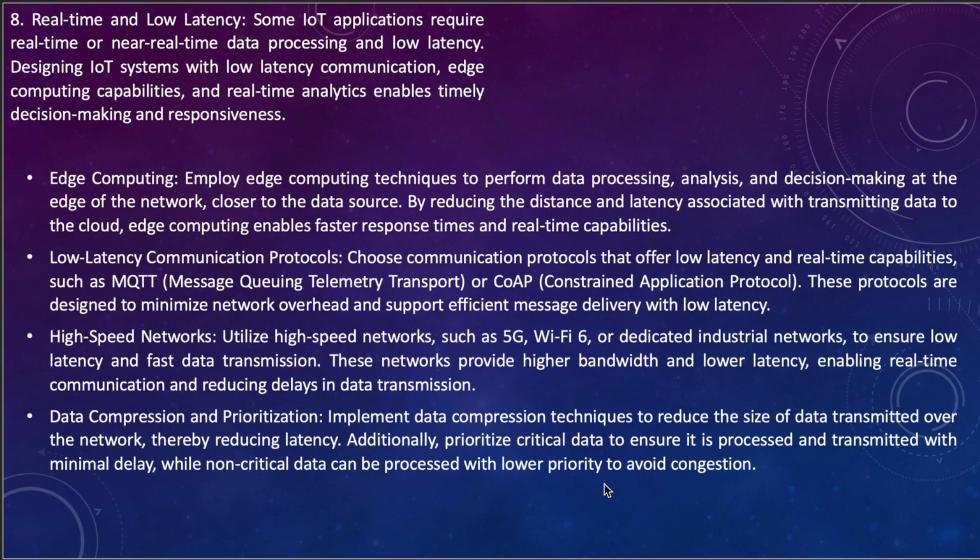On top of that, in the transport layer, we have the next option, high speed networks. Utilizing high speed networks such as 5G, Wi-Fi 6, or dedicated industrial networks ensures low latency and fast data transmission. These networks provide higher bandwidth and low latency, enabling real time communication and reducing delay in data transmission.